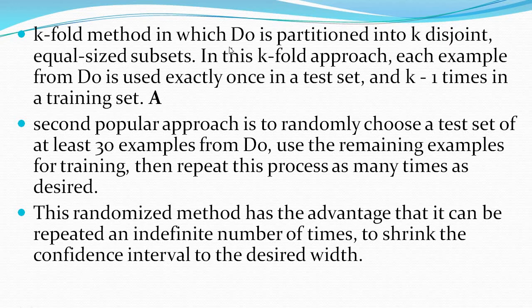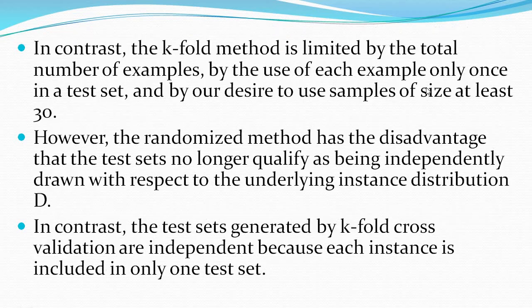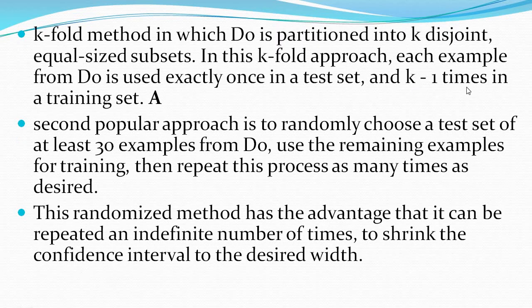The next one is the k-fold method, in which D0 is partitioned into k disjoint equal-sized subsets. In the k-fold approach, each example from D0 is used exactly once in the test set and k minus 1 times in the training set. So whatever example we consider as a test example appears exactly once as a test example.